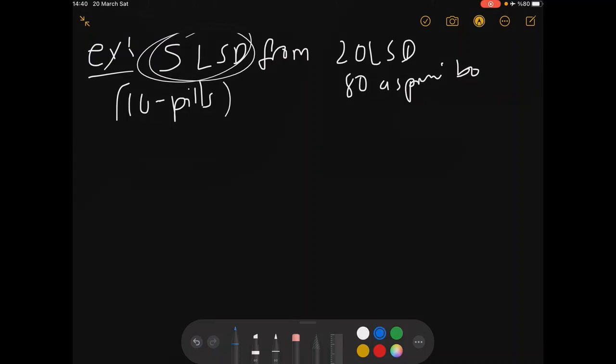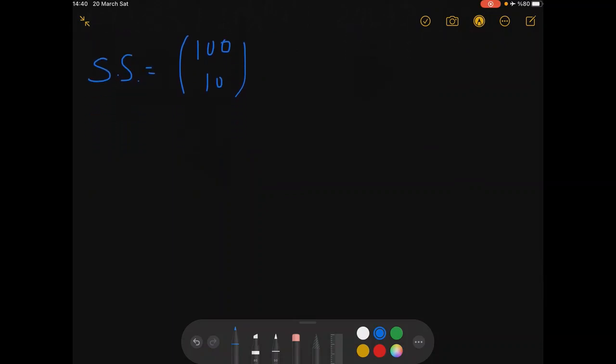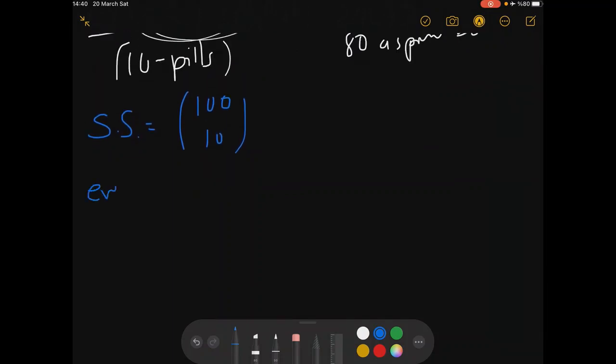We already have an idea about the sample space here. It should be the number of different combinations of 10 taken from 100 pills. Then you need to define the event. Your event is exactly 5 from those 20, and the remaining 5 should be aspirins. And you multiply them because it's a mixed form.